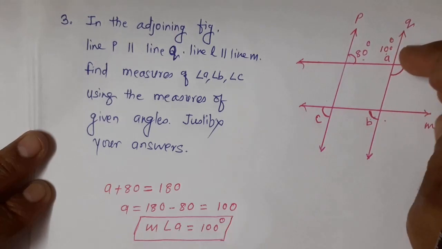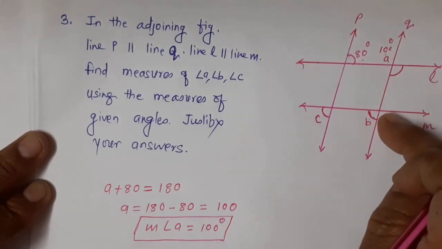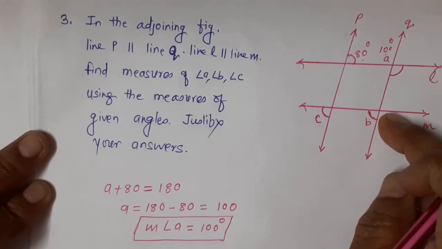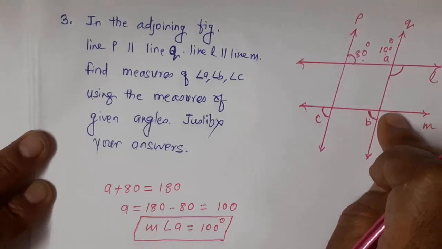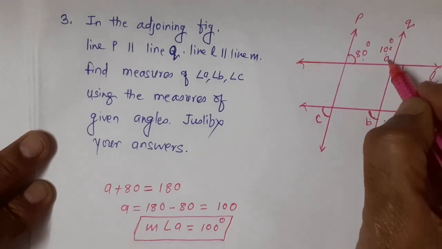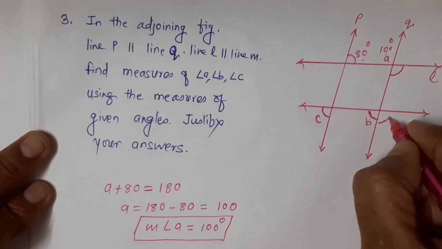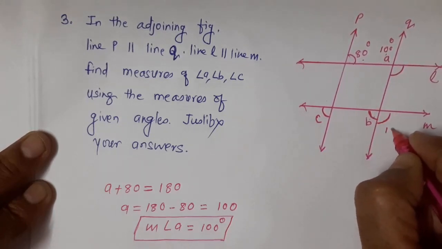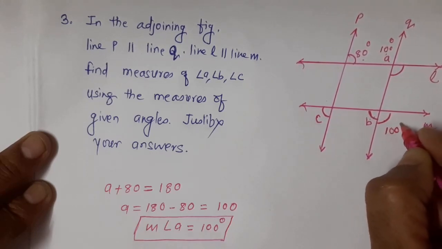What is the rule? This is an exterior alternate angle. These are exterior alternate angles, and we have found the measure of A to be 100. So this angle will be 100 degrees again.